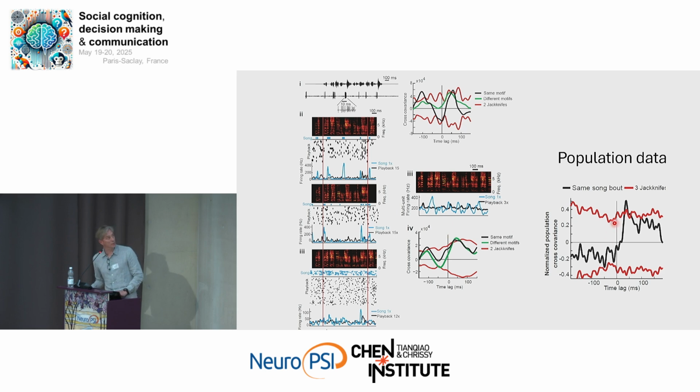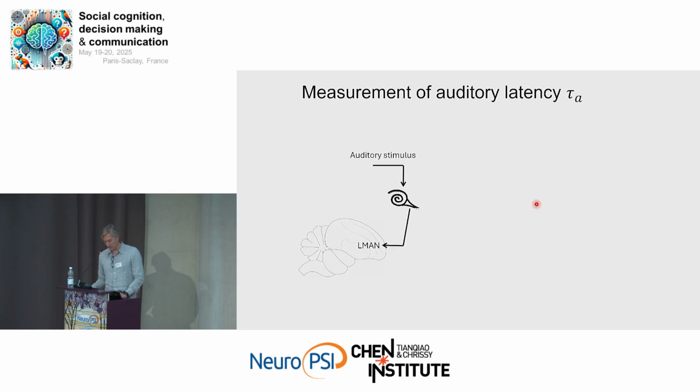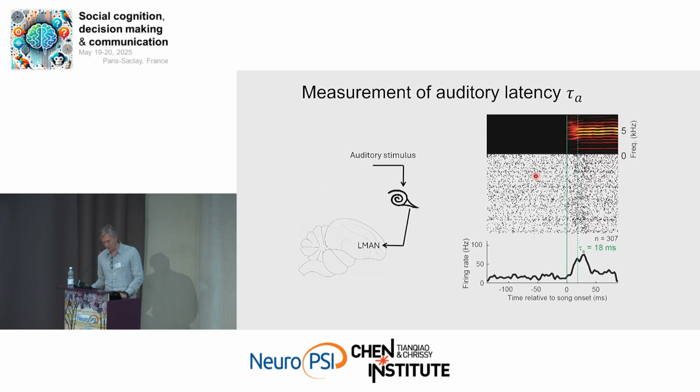And when you look at the population average of all the cross-correlation curves, he found a peak at 40 milliseconds. And 40 milliseconds is roughly this loop delay, because when you stimulate L-man electrically and look at how long it takes to affect the song, you see 20 milliseconds later there's a change in the song.